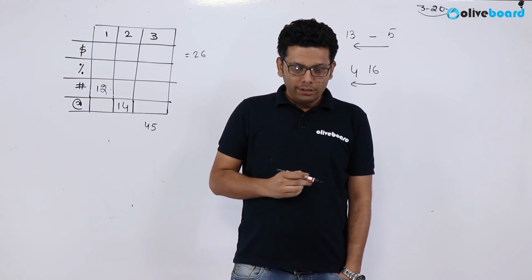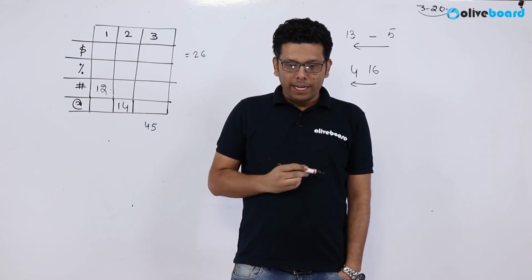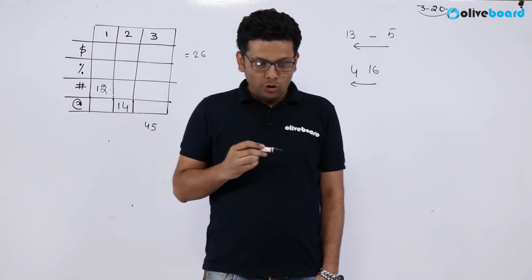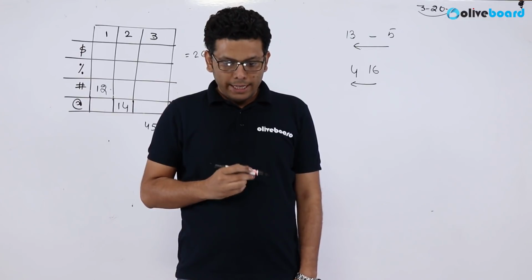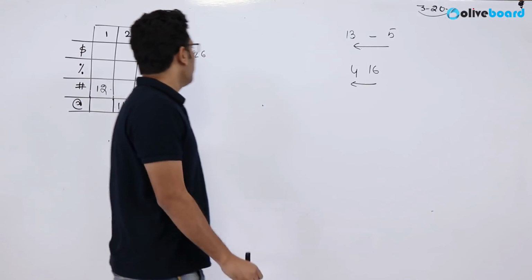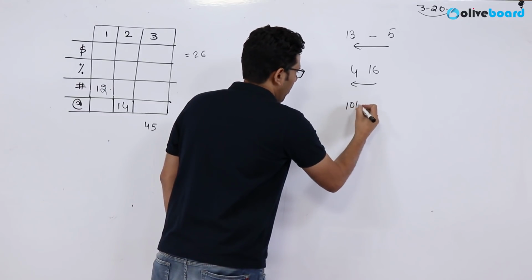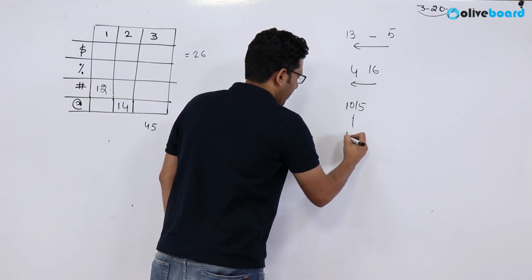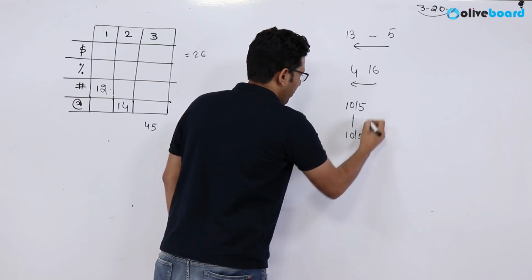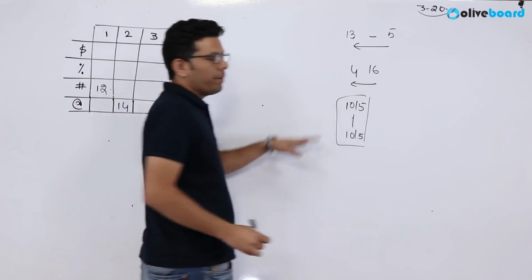Okay, and 10 and 5 were mentioned on the buttons of the same column. Means 10 and 5 would be in a common column.